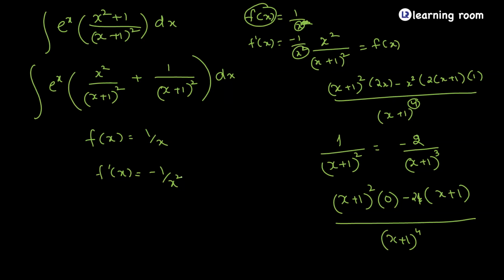When you take the function to be 1 by x, because the derivative of 1 by x is minus 1 by x square. But what is the challenge you're facing here? Both the functions have the power as 2. So, do you think any one of them can be taken as f of x? That is why it is not working anywhere.